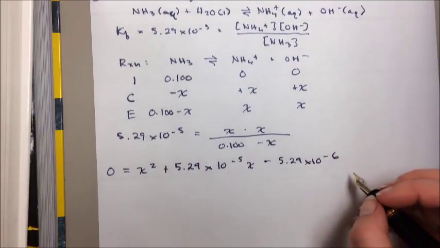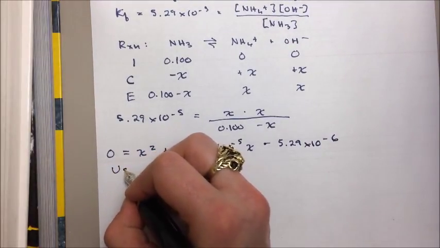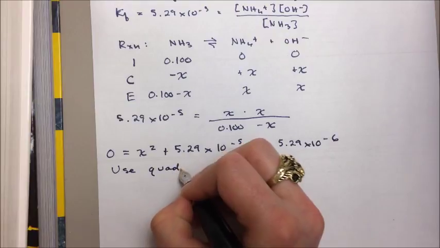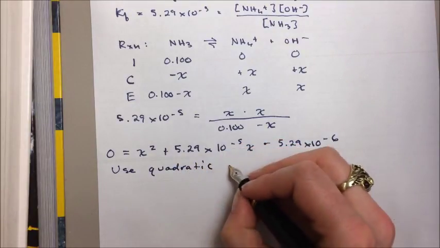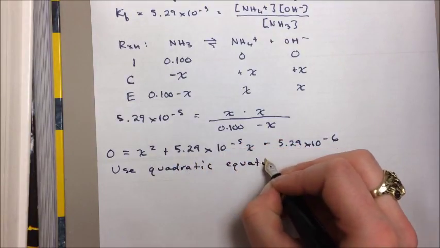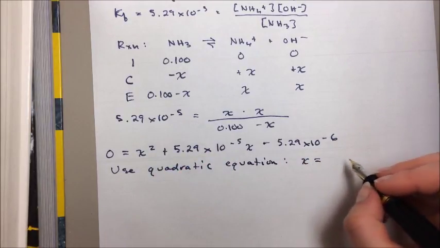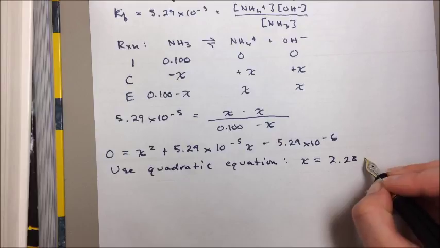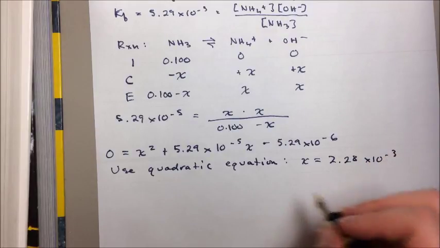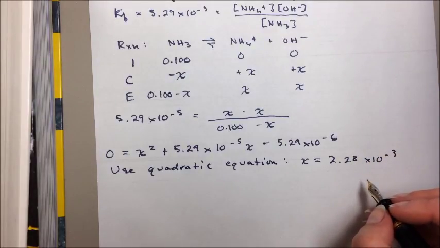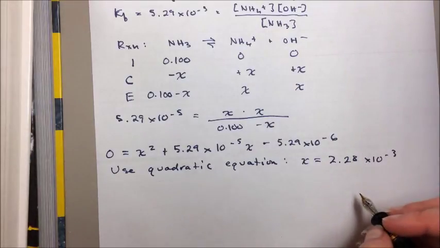If you plug all this into the quadratic equation, I'm not going to go through all those steps here, you will get that x equals 2.28 times 10 to the minus third. The other value is negative and would not work for this particular calculation.